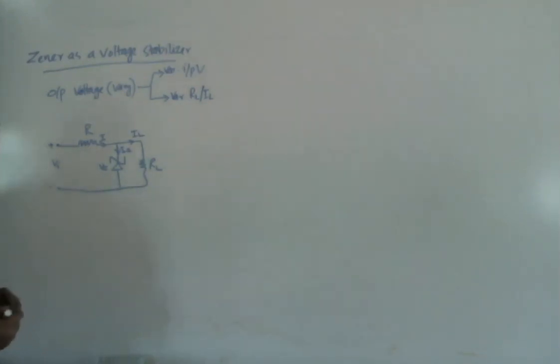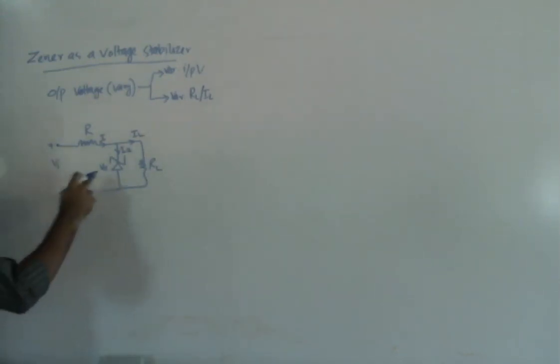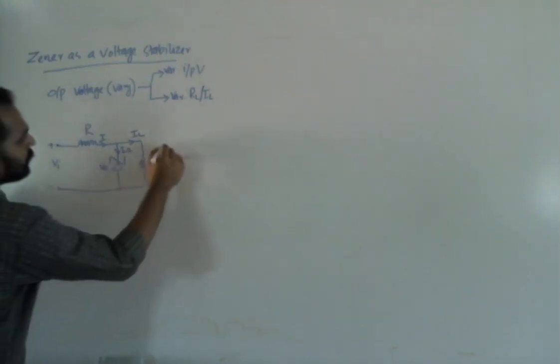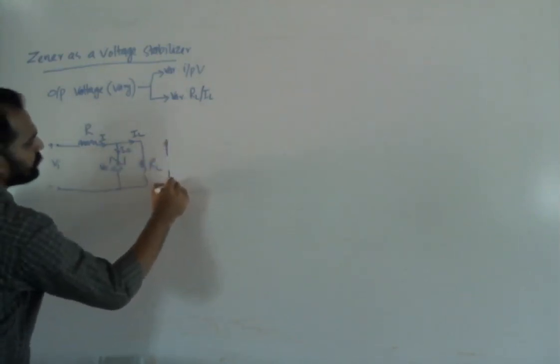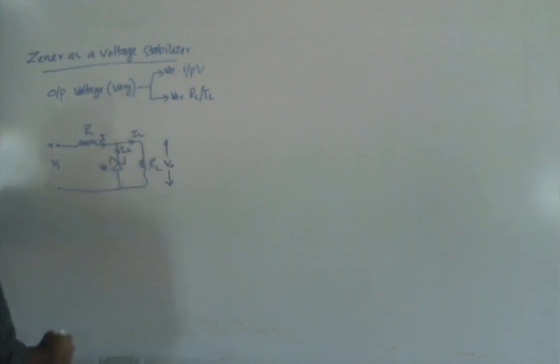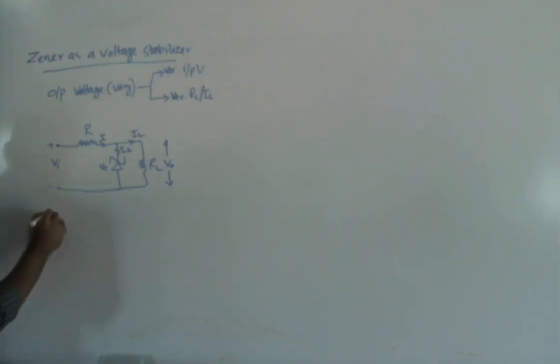Now let's see how this circuit will act as a voltage regulator or voltage stabilizer. There are two reasons for the variation of the output voltage. Let's call the output voltage across the load V0.